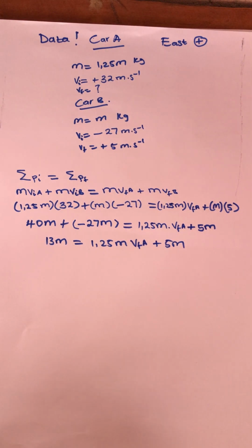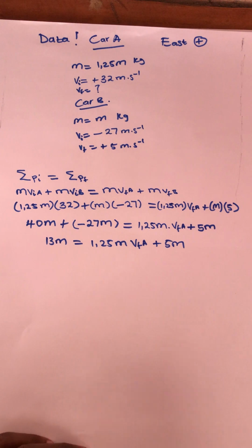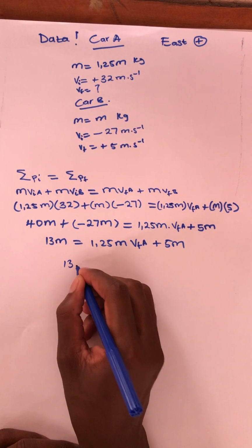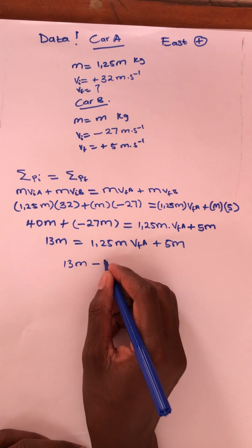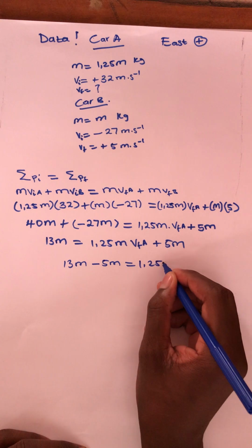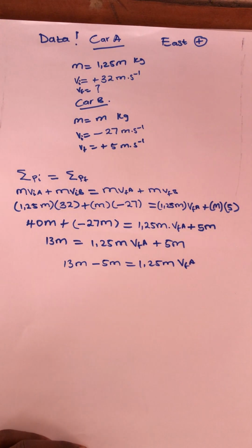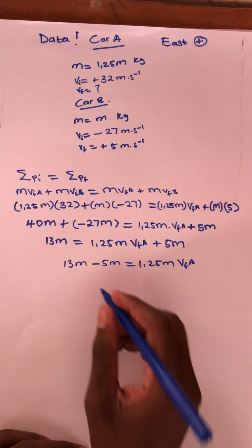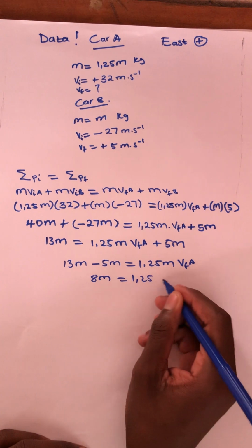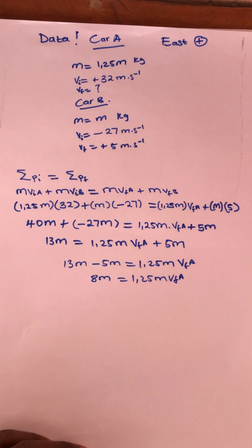So now let's group the like terms. We take those with m and put them on the left hand side. So 13m minus 5m is equal to 1.25m VFA. 13 minus 5 is 8m, equal to 1.25m VFA.